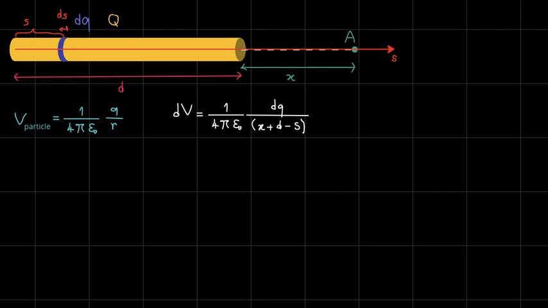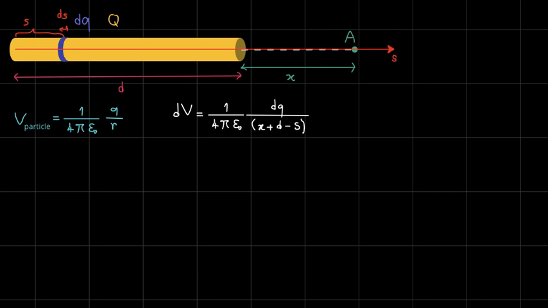It's basically the same thing, but the charge will be dq instead of q. And the distance between our unit element and A is x plus d minus s. So instead of r, we put x plus d minus s for the distance between the charge dq and point A. This we call dV. This is the electric potential created by the unit charge element at point A.